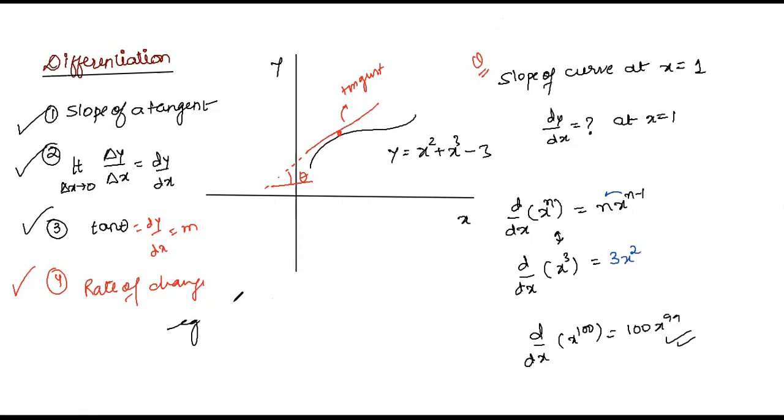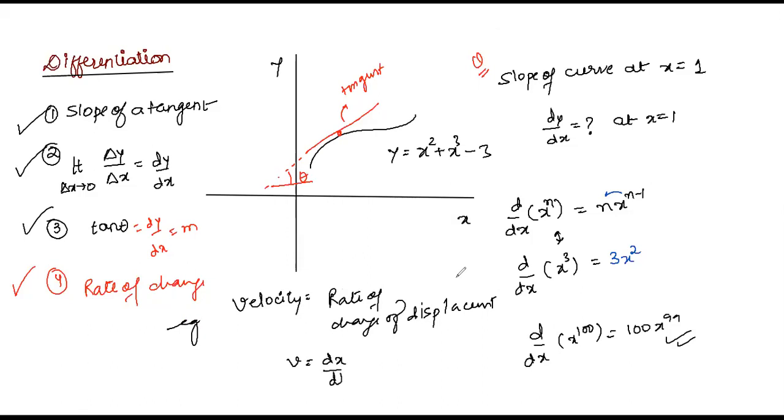So let's say there is a term called velocity. Now we define velocity as rate of change of displacement, right? So how do you write this? As v given as dx by dt.